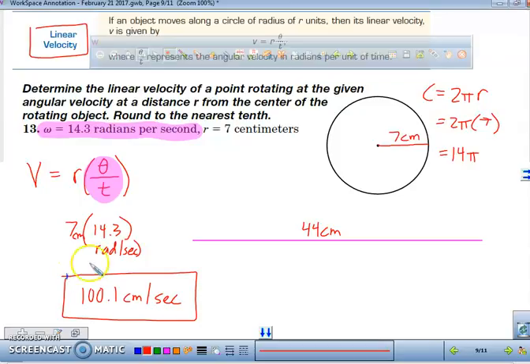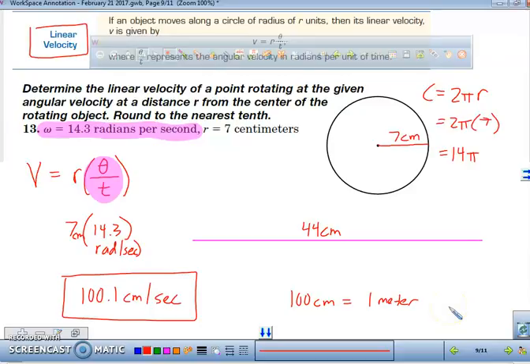So the linear velocity of a point rotating at the given angular velocity at a distance r from the center of the rotating object, basically the center of your circle, this one would be traveling at 100.1 centimeters every single second. And what's 100 centimeters equal to? It's 1 meter. So think of a meter stick.